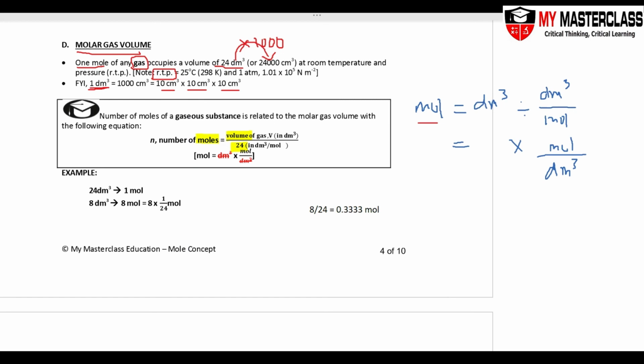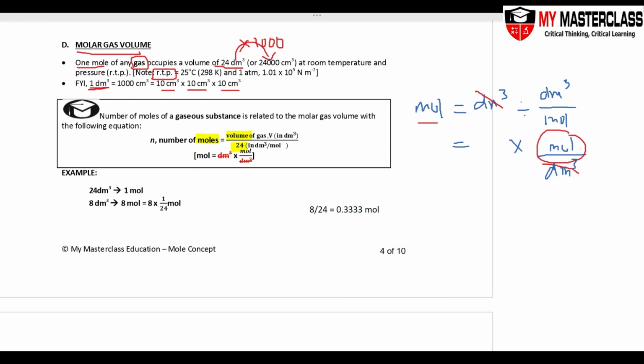So when I divide, I have to multiply by the reciprocal. If I reciprocate, I can cancel the numerator and the denominator, then you will get mole. So mole equals volume divided by molar volume, which is my 24 dm³.